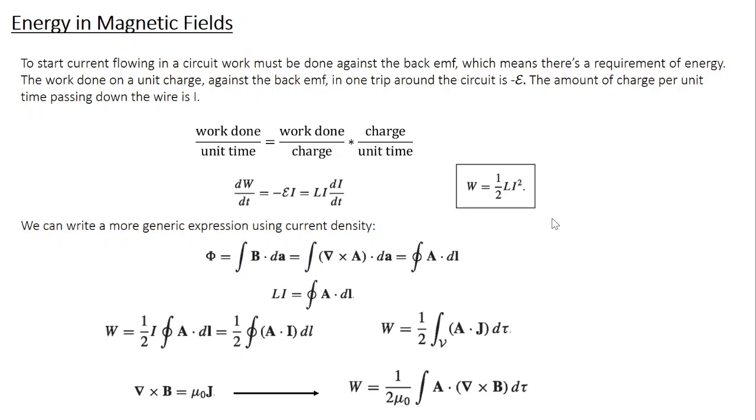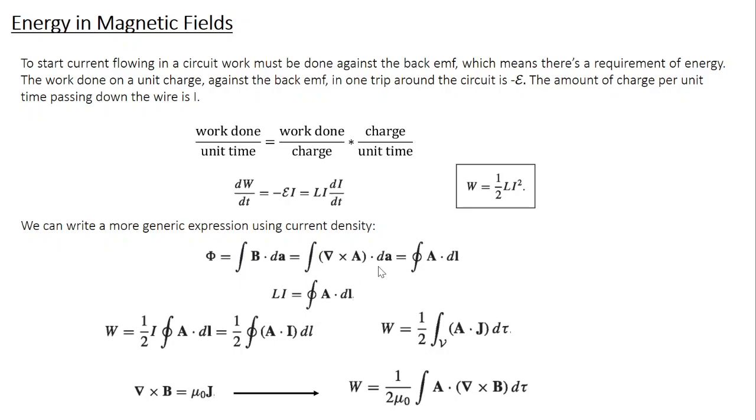Now let's try to get a more generic expression for the work done. If you have a current carrying loop, the flux associated with the loop is nothing but integral B dot dA. Magnetic field you can write in terms of magnetic vector potential as curl of A. So phi equal to integral curl of A dot dA.